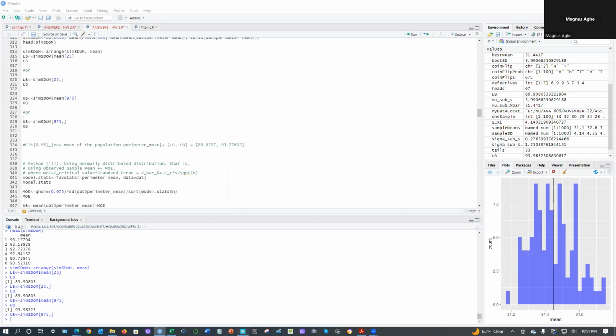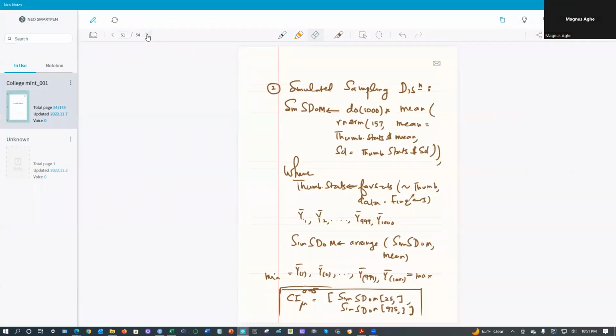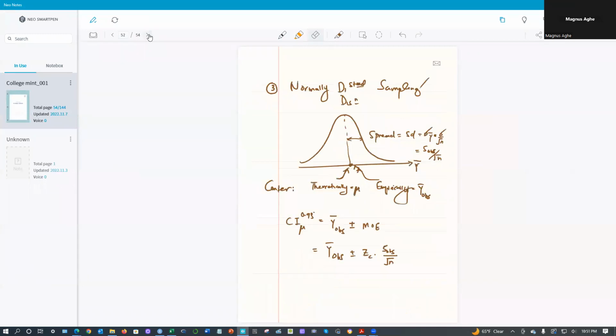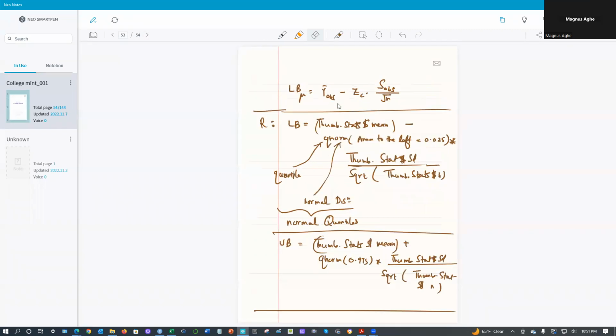Then the third method is the one that I'm talking about here. The third one is based on the one that I did earlier, assuming a normally distributed sampling distribution. This is straightforward. That's the one we talked about in the very beginning. Using this formula, plus or minus, you can separate and talk about it. Then I'm finding the lower bound in a similar fashion. In R, how do you get that?